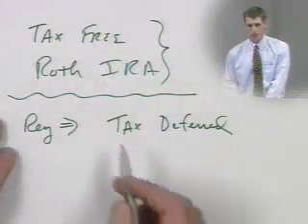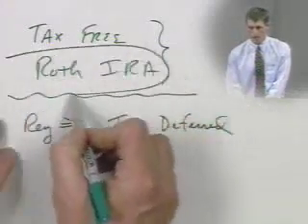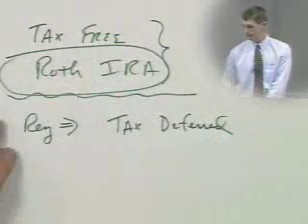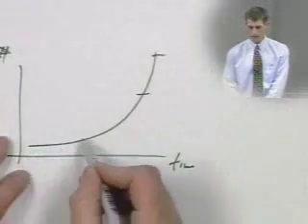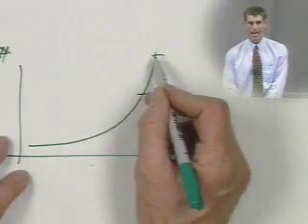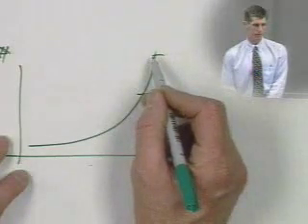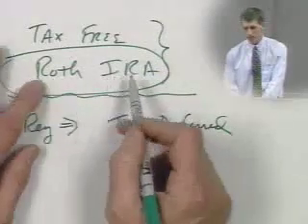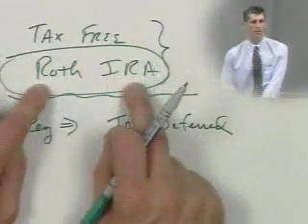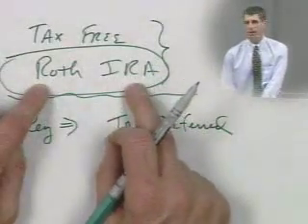So the moral of the story is to start a Roth IRA. And the moral of the story is start it today because why? You want to start reaping that exponential growth tax-free. Now, in my opinion, is this tax-free vehicle going to be around forever? And the answer is, I don't think so.